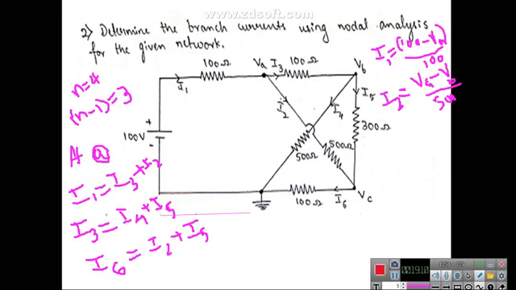This is the KCL equation corresponding to node A, this to node B, and this to node C. You need to substitute all the values of I1, I2, I3, I4, I5 and I6 in terms of VA, VB and VC in these equations. Then you rearrange, so you will get the three equations in terms of three unknowns.